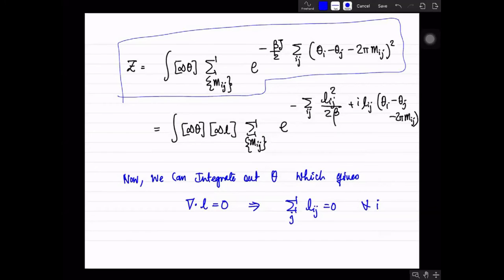So now let's try to make some more mathematical manipulations. Let's decouple this: e to the power x square, a x square is dy, e to the power y square by 2a, plus i y x.